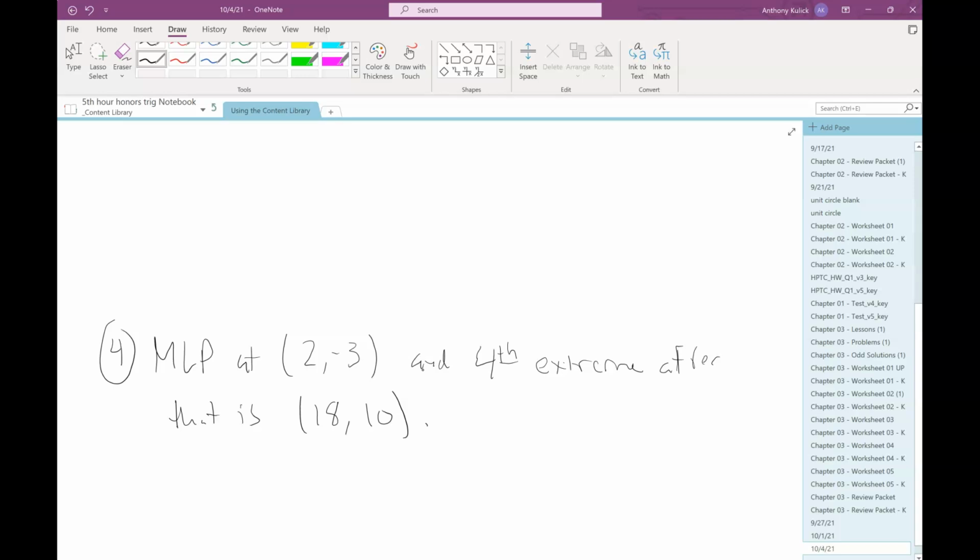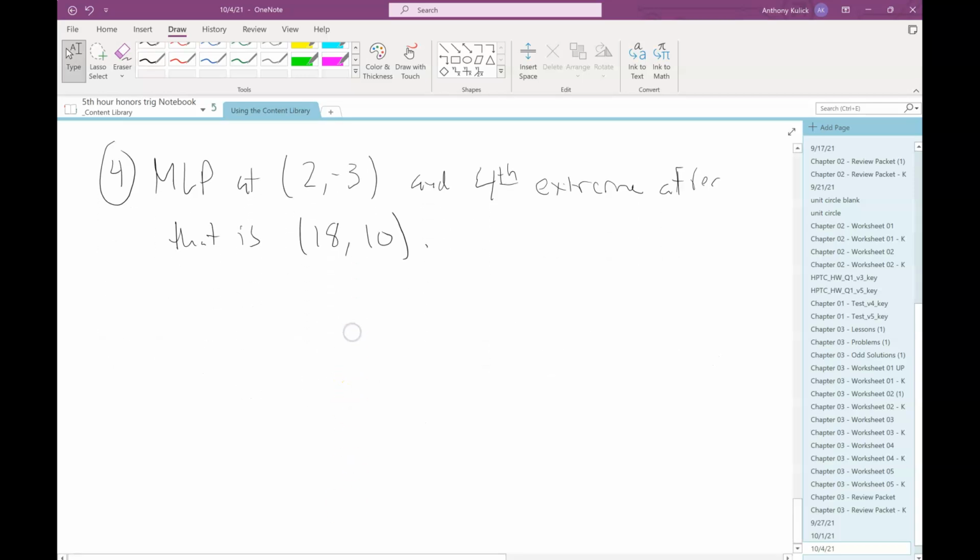So we want to use sine as a midpoint? Well, it doesn't really matter because you also have an extreme point, so they'll be kind of equal. But I would start here by kind of sketching a picture. So here's my midline point.